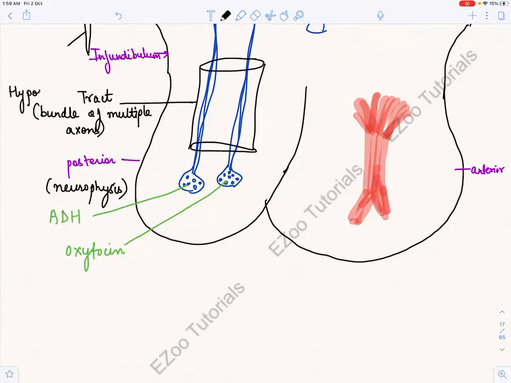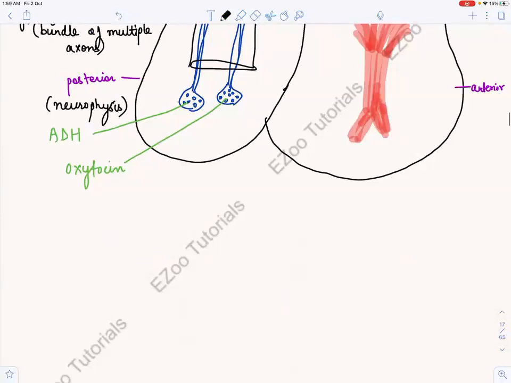One thing I would like to tell you is that this tract is also known as the hypophyseal tract. You will see this in your book written as hypophyseal tract, and then you will think, what is this? Ma'am has not told me about it. So let us write a line about the hypophyseal tract. As you know, hypo means hypothalamus and physeal is connected to the pituitary gland.